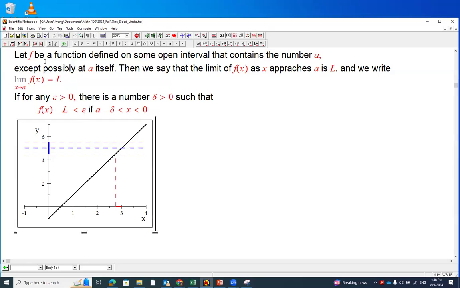So that's the left-hand limit. If this is true, we say the limit as x approaches A from smaller than A of f of x is equal to L.